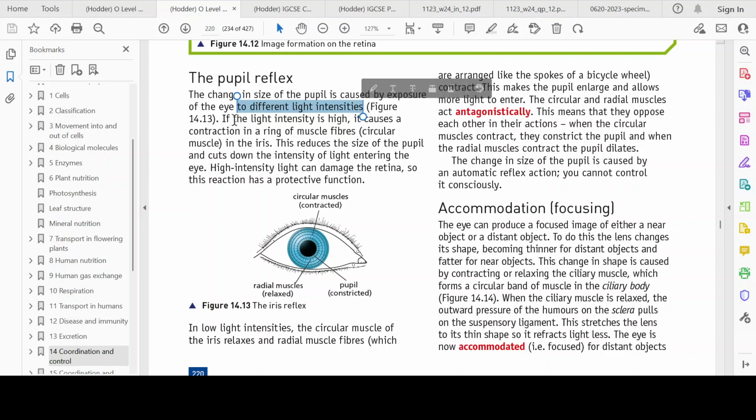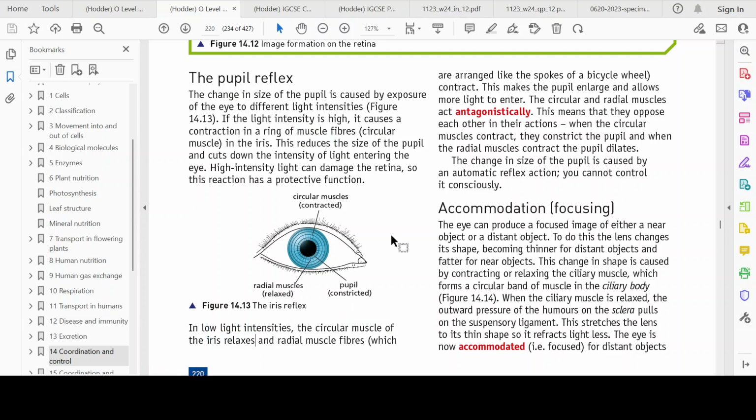If the light intensity is high, it causes the contraction of the circular muscles, which are on the outside, and that causes the size of the pupil to reduce. If the light intensity is low, the circular muscles relax.